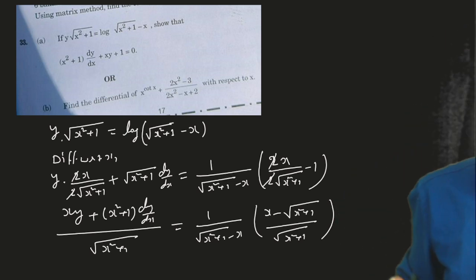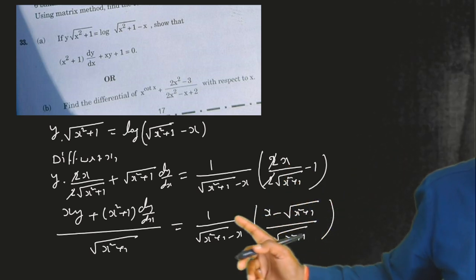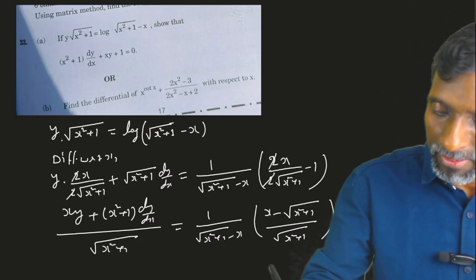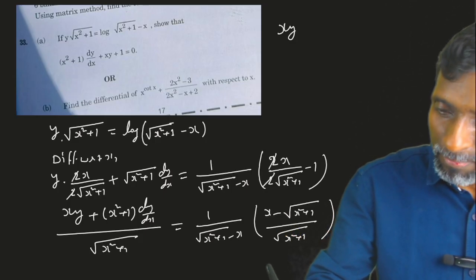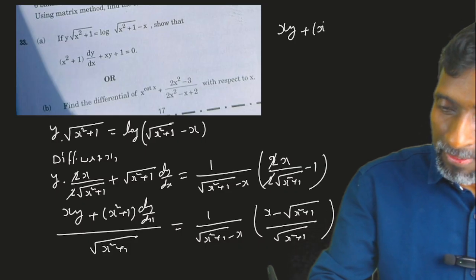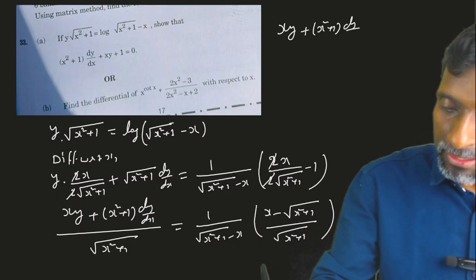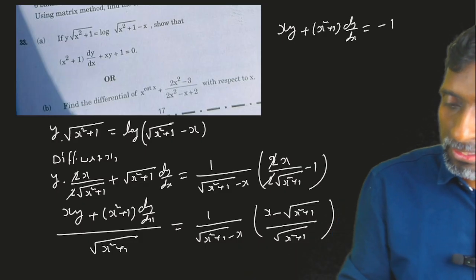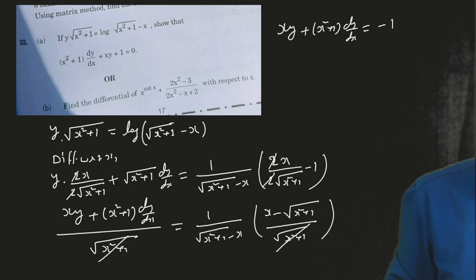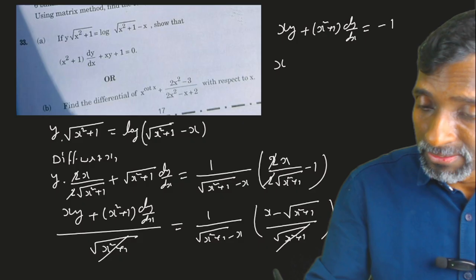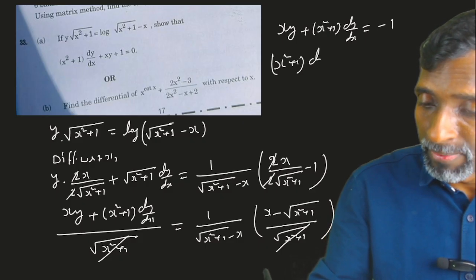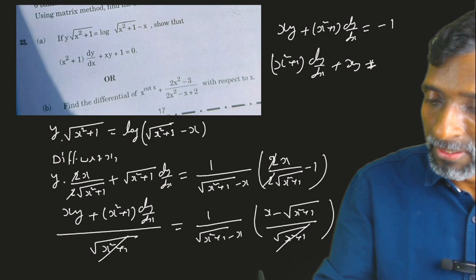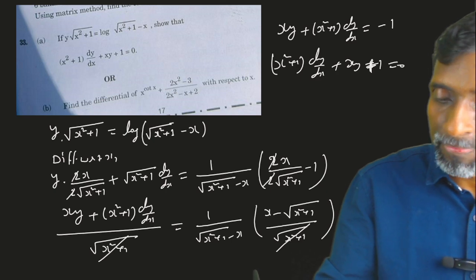If we cancel this numerator with this term, we can take the minus sign here. So it can be, I am writing here at the top, xy plus x square plus 1 dy by dx is equal to minus 1, because this is also cancelled on both sides. So we got the answer: x square plus 1 dy by dx plus xy plus 1 is equal to 0. We got the answer.